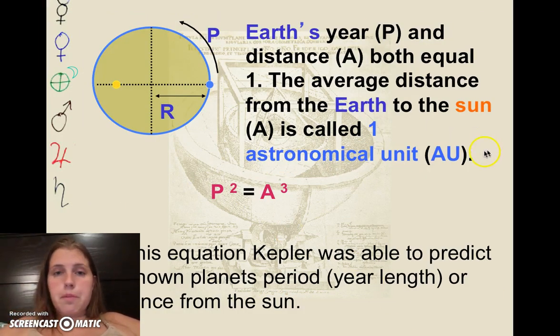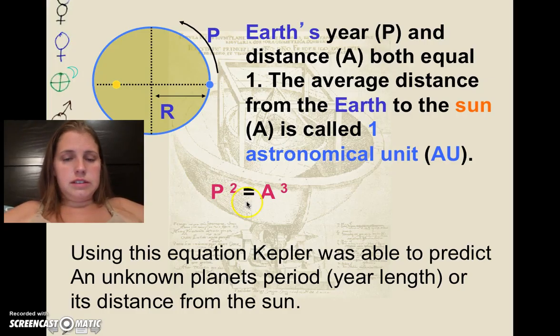So basically, Earth's year is P and distance is A. The average distance from the Earth to the Sun is A. It is called 1 astronomical unit. We talked about this last time.